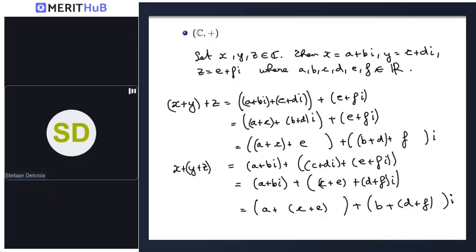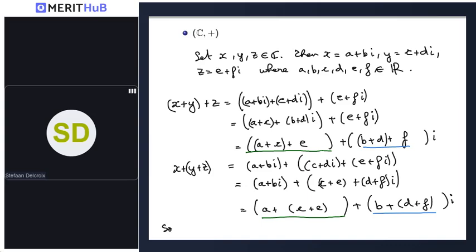All right, so the question is, are these two things the same? Well, two complex numbers are the same if and only if their real parts are the same and their imaginary parts are the same. So is this equal to this? And is this equal to this? So I'm going to write, I'm running a little bit out of space here.